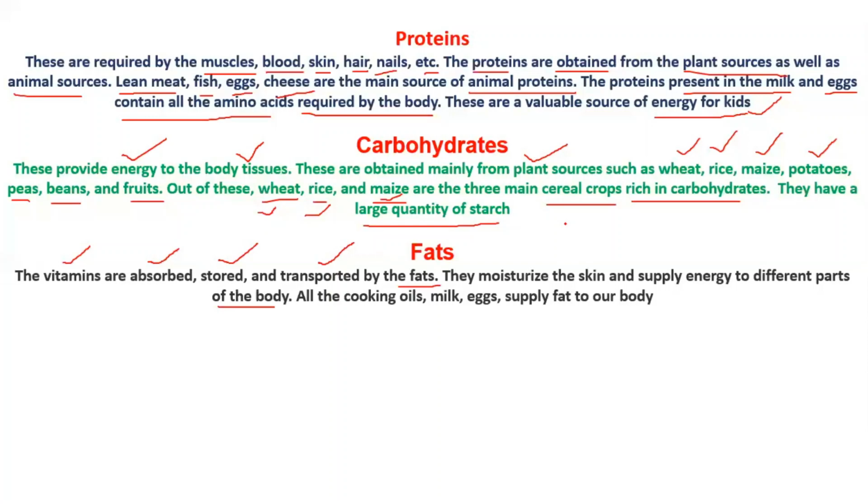The fats in our body keep our skin normal and moisturized, so fats are very important for our skin. All the cooking oils, milk and eggs supply fat to our body.